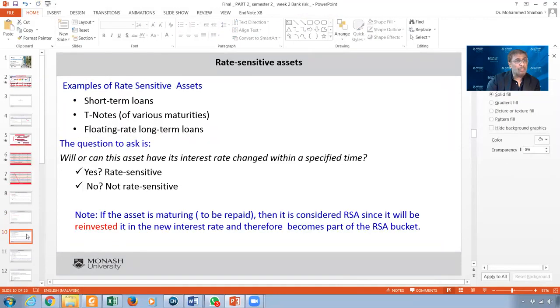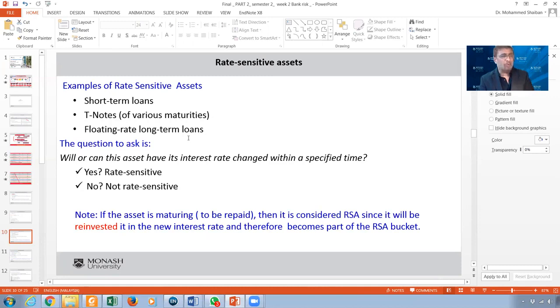Now let's see some examples of rate-sensitive assets. When we have short-term loans, when we have T-notes, anything that has a floating rate, which means it changes over the year, all of those products, short-term loans, T-notes, floating rate loans, are rate sensitive, which means when the interest rate goes up or down, they will change.